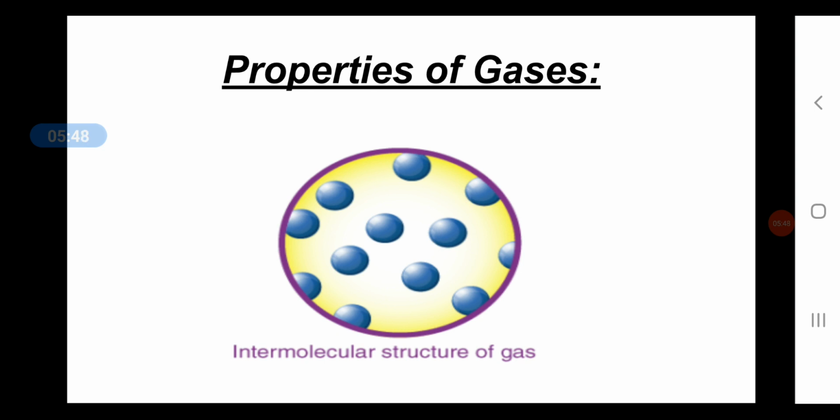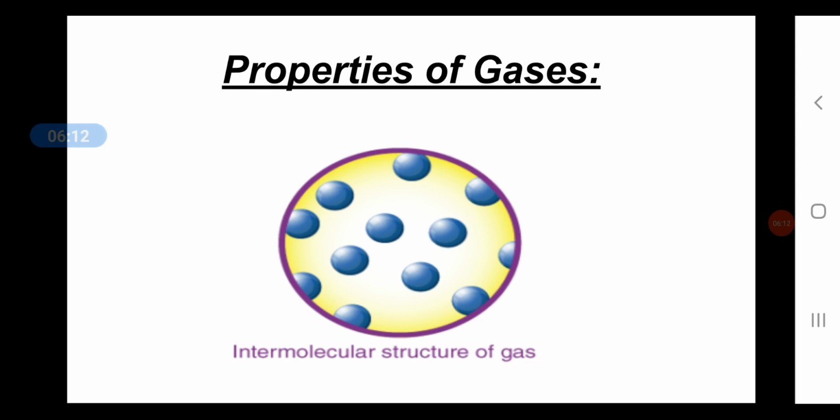The force of attraction amongst the molecules of the gases is negligible. That is, the molecules of the gases are far apart. The thermal expansion of the gases is also very high, and they move around in a random motion, that is, in a zigzag path.